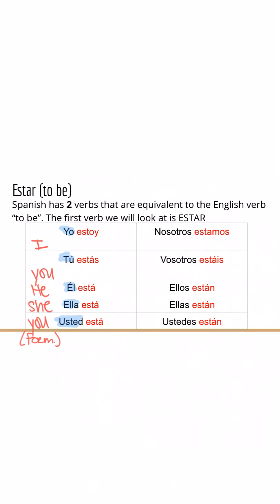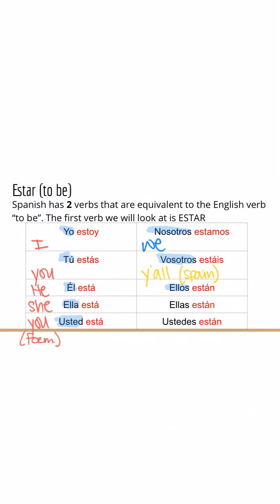We have nosotros, which was my first person plural, which is we. My vosotros, which was my Spain version only, meaning we're not going to use it. So I'm going to put it in a different color here. Y'all in Spain. We just recognize this, right?